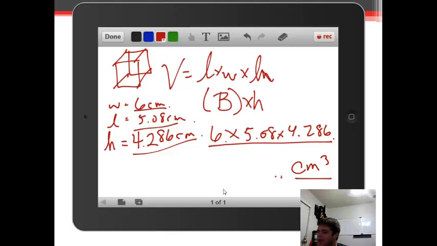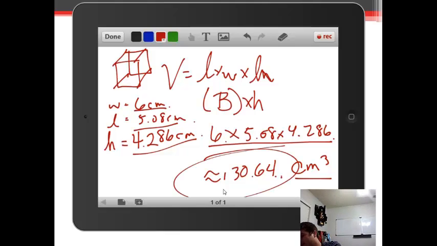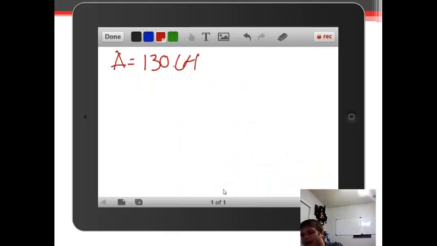But what is the correct answer to this? The answer I'm getting is 130.64, roughly, centimeters cubed, okay? So I rounded a little bit. Now, let's say that this was the actual answer, 130.64. Okay, let's say that Johnny over here decides that he wants to write his answer as 130.